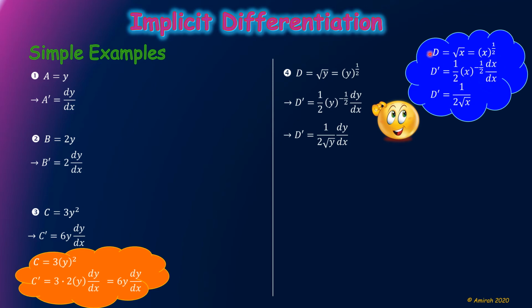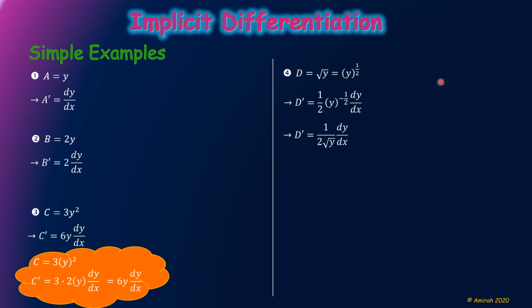So the answer is 1 over 2, we move the negative power to the denominator, so we have x to the power of positive half, or we can write square root of x here. So when you compare from number 1 to number 4, every time we have variable y, we must have dy over dx at the back.